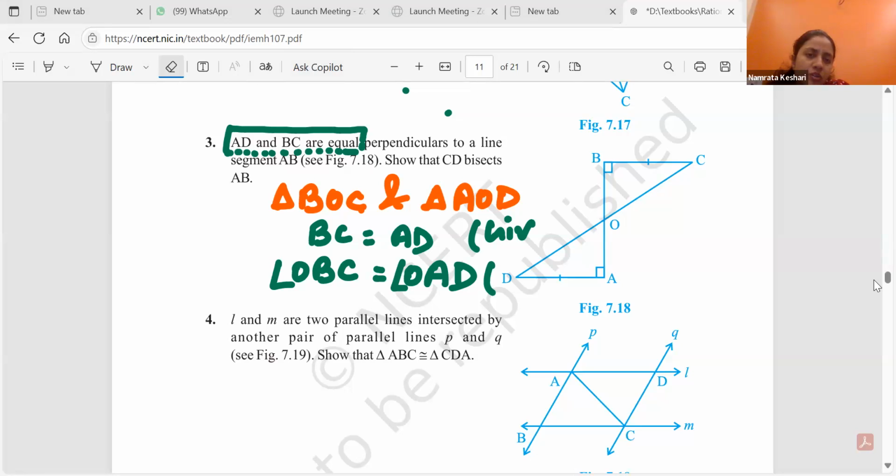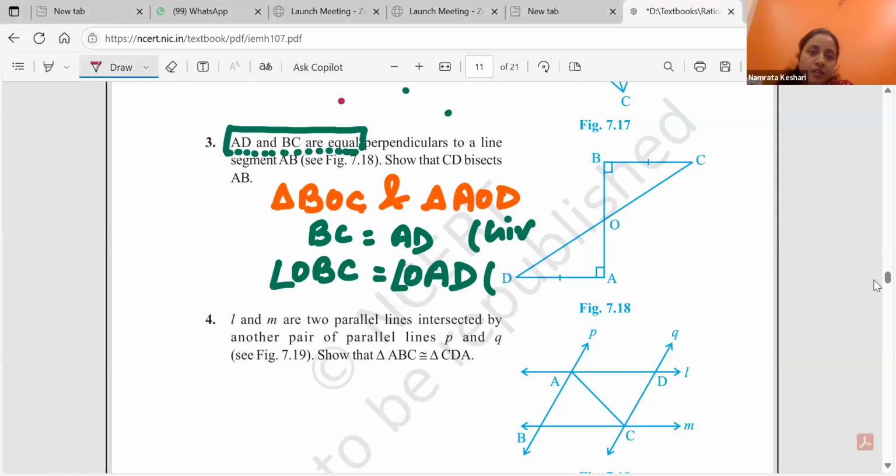AO and BO? Yeah. But where is it written that AO and BO will be same? Is it written anywhere? That's, ma'am, what we want to prove, because it says show that CD bisects AB. So we want to show that. That's what we have to prove. We cannot use that information. It's written over here that CD bisects AB.